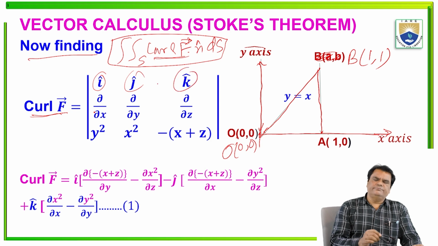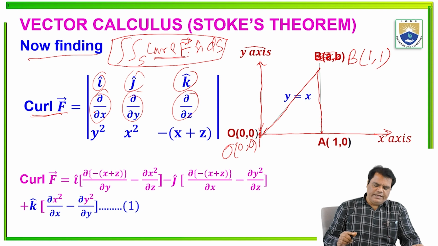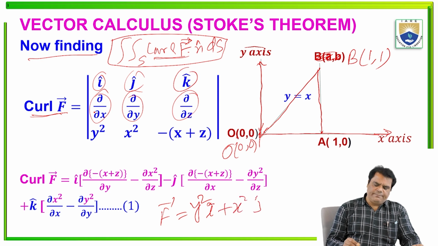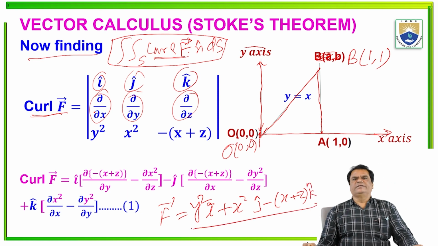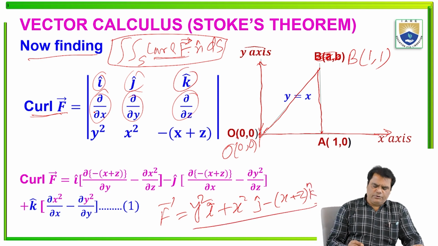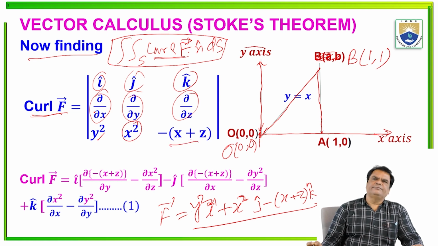I, j, k in the first row, then ∂/∂x, ∂/∂y and ∂/∂z, and in the third row the given vector point function F: the coefficient of i is y², the coefficient of j is x², and the coefficient of k is x + z.